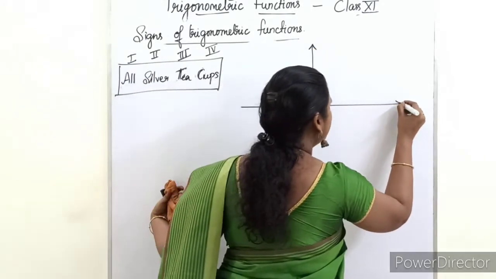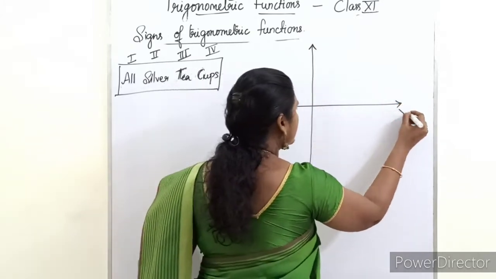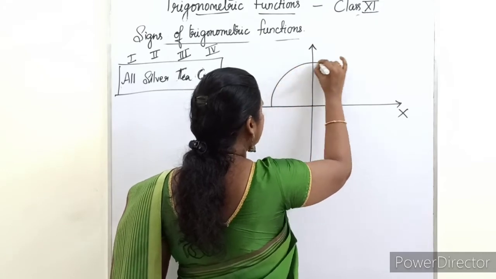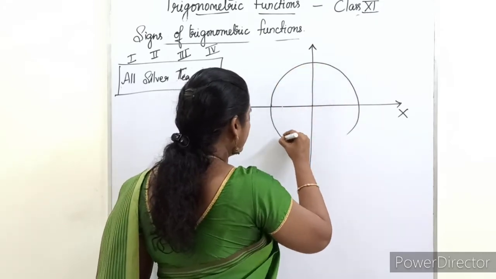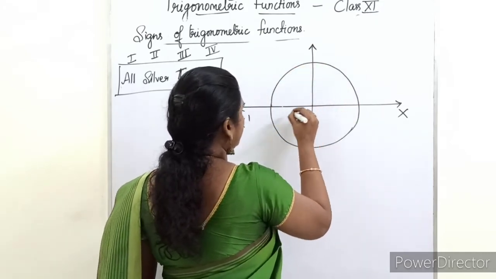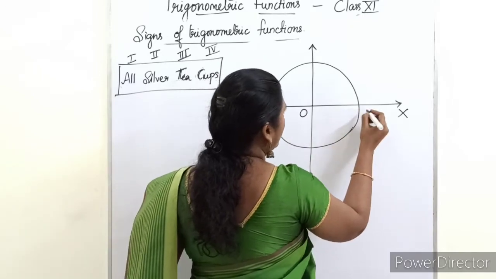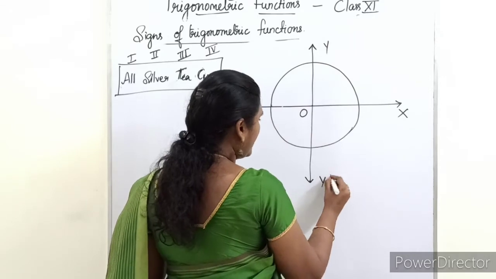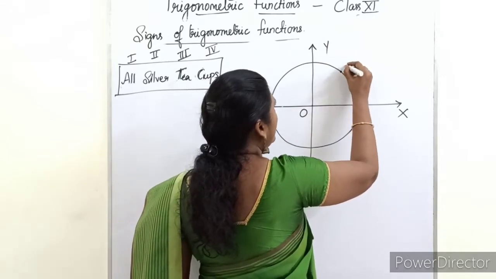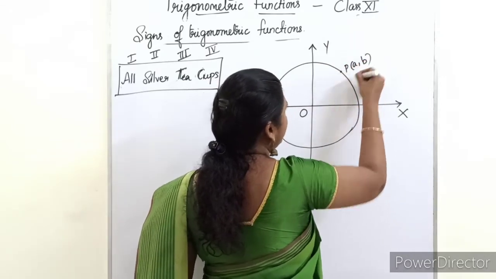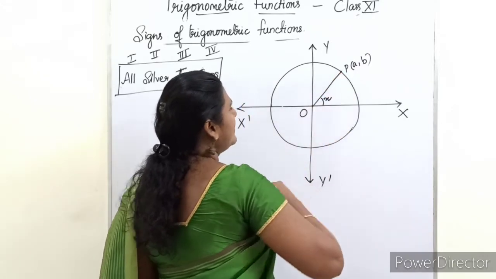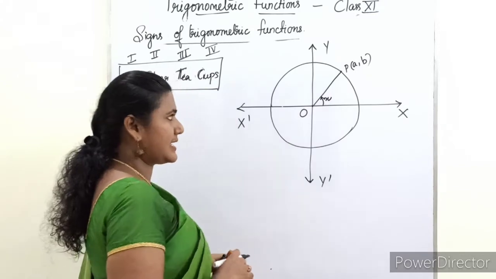So let us consider a unit circle with center as the origin. Now here I am taking a point P with the coordinates (a, b), and this point P subtends x radian with the positive direction of the x axis.